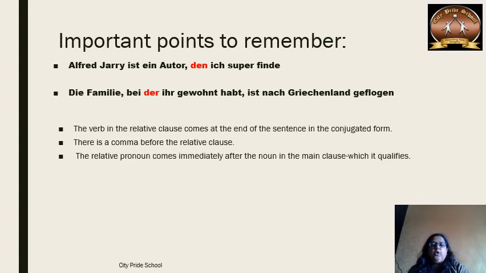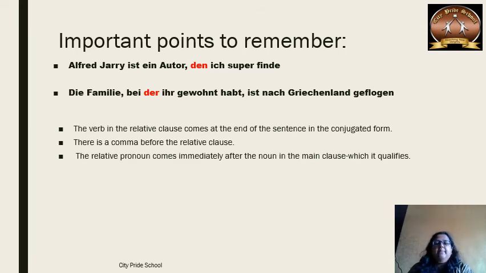The relative pronoun comes immediately after the noun in the main clause which it qualifies. This is also a very important point. You have to use the relative pronoun immediately after the noun for which you are using it. For example, here author is the noun, so after author then should be used. That means the relative pronoun should come immediately after the noun.